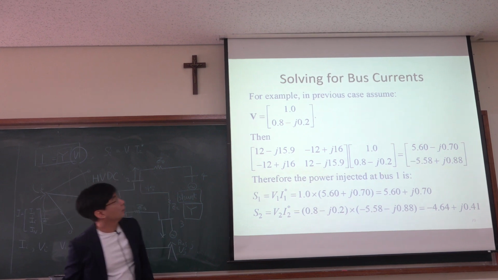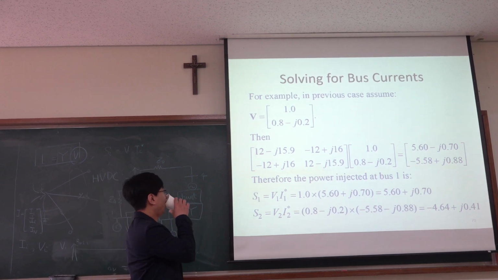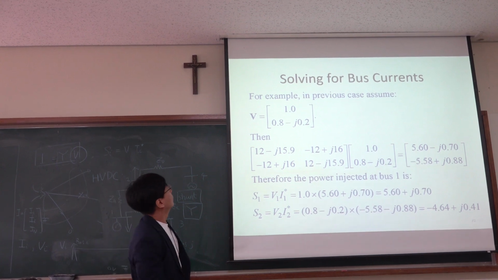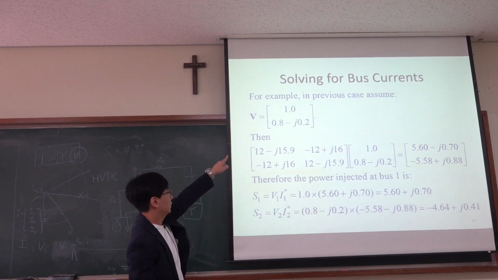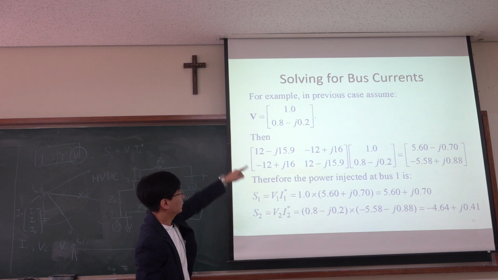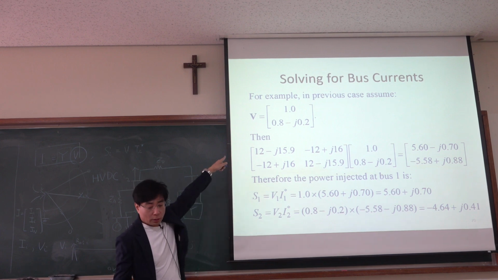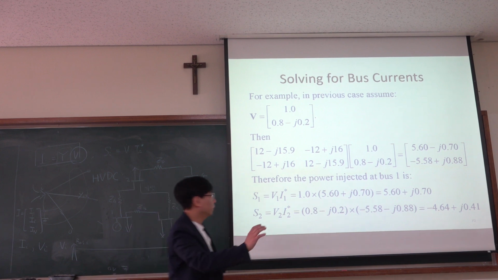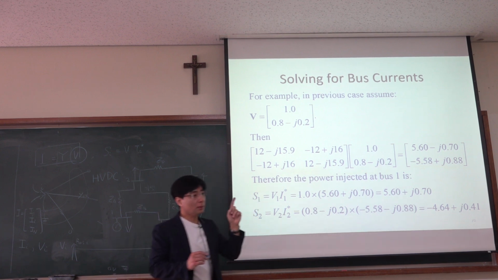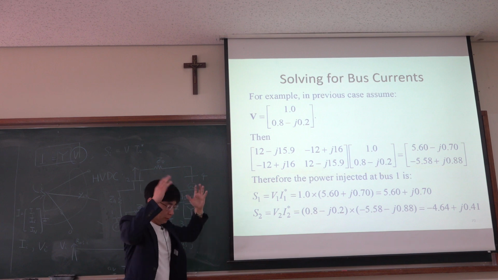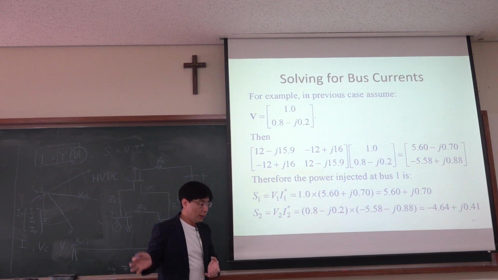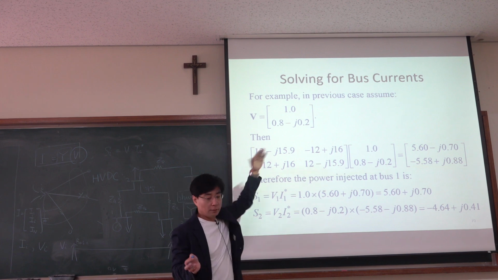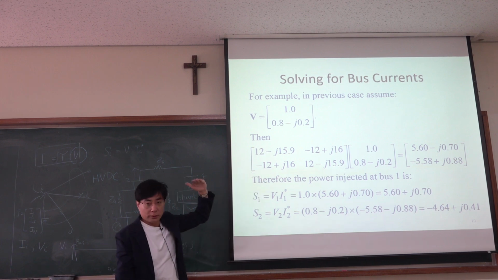So, solving for the bus current. For example, in the previous case, we assume the voltages are 1.0 and 0.8 minus. By the way, here we are using per unit analysis, so the voltage magnitude is normalized by 1. The voltage is divided by some base number. In the ideal case, the voltage magnitude is 1.0.